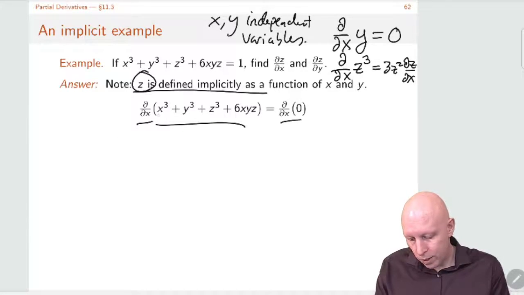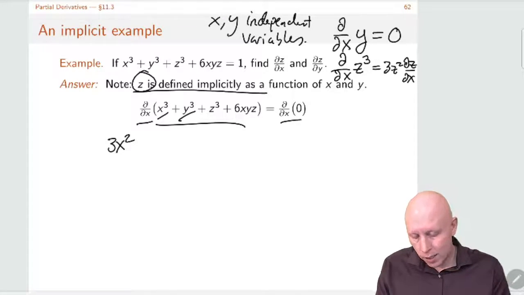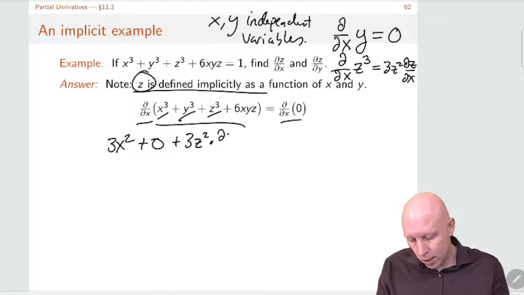What do we have here? The derivative with respect to x of x cubed. So the partial with respect to x is 3x squared. The partial with respect to x of y cubed is just 0 because y is a constant. And then the derivative with respect to x of z cubed is going to be 3z squared times del z del x.